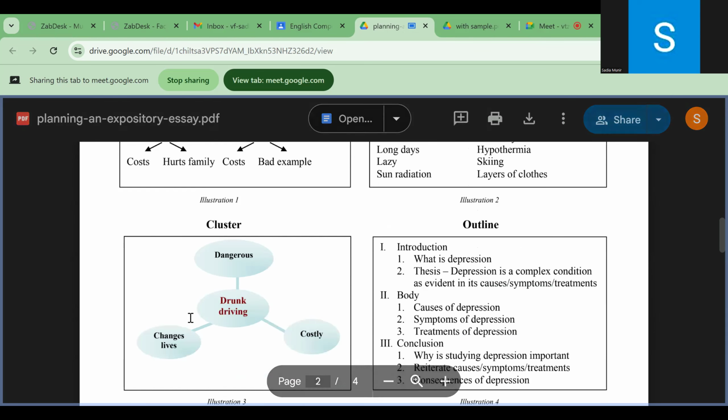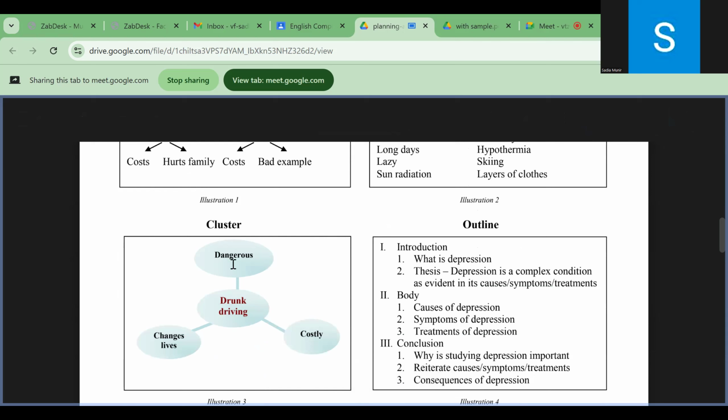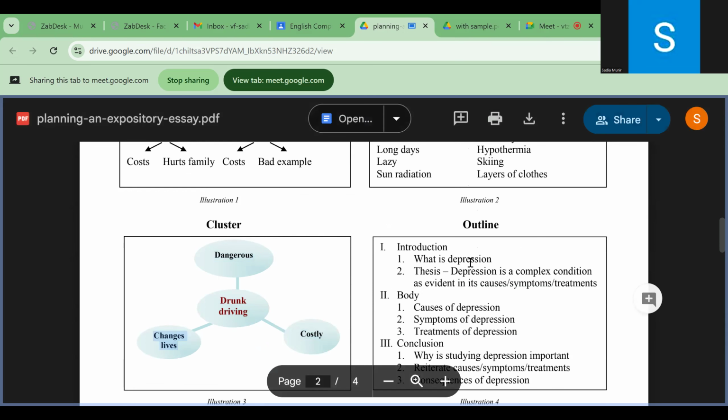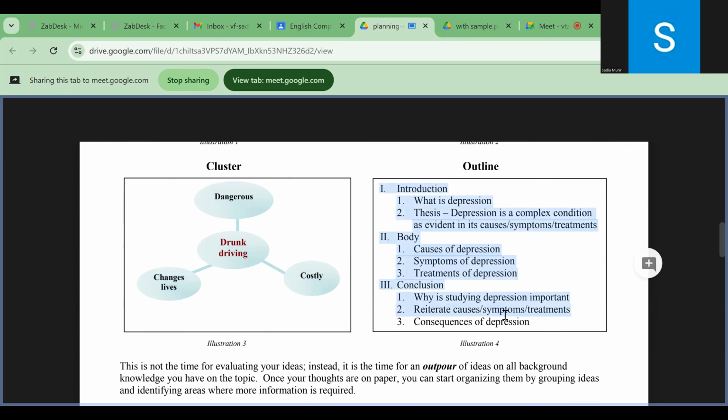Cluster, for example, if we are talking about driving, then it has three reasons. It is costly, dangerous, and changes life. Then outlining could be there. Outlining is the easiest and most convenient way of thinking about a topic because we have been doing this for a long time.